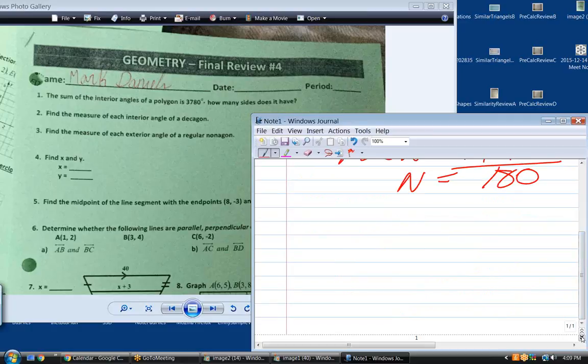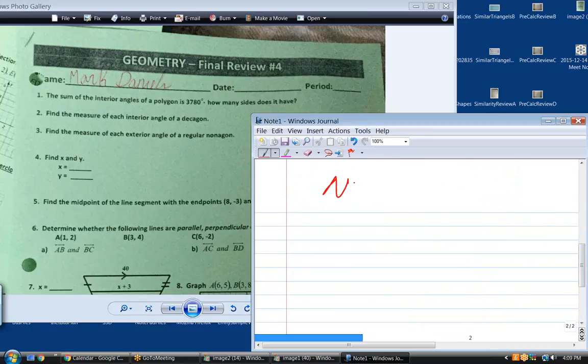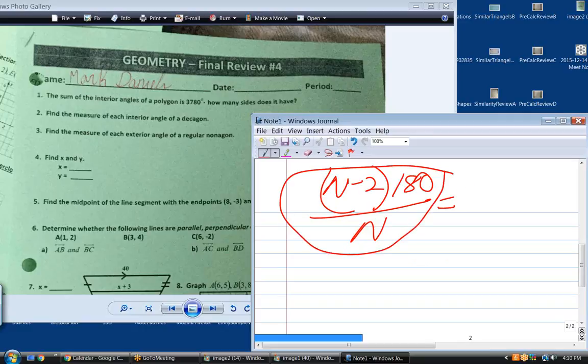Now, the formula you mentioned, n minus 2 times 180 divided by n, gives you what each interior angle is of a regular polygon. But it's only for regular polygons. In other words, if I have an 8-sided octagon, this is only true if every angle is the same.